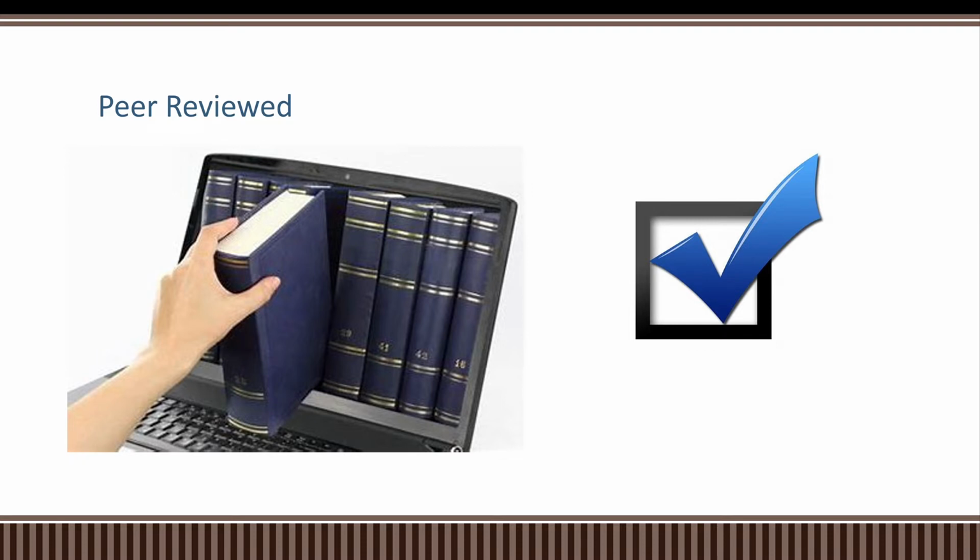Does it have an abstract? Is it written in APA or another academic style with formal citations and references? Does it have a scholarly tone? Is it published in an academic journal? So when you look for articles, look for peer-reviewed to ensure that they are academic scholarly sources. This can ensure the quality of those sources. Does the author have academic credentials?